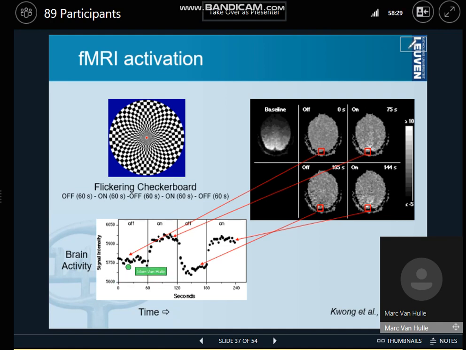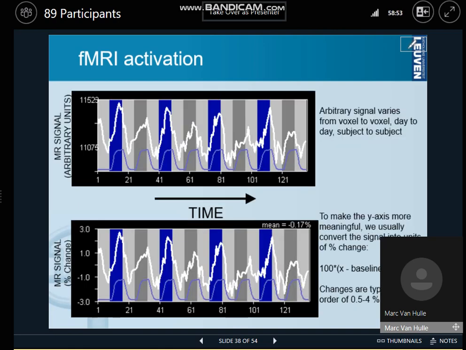If the checkerboard is off, then you have a low level of activity in that area. When the checkerboard is switched on, you have a higher level. So the level of activity is periodically changing in sync with the checkerboard being switched on and off. So this is sort of evidence that you can use to build your brain-computer interface on.